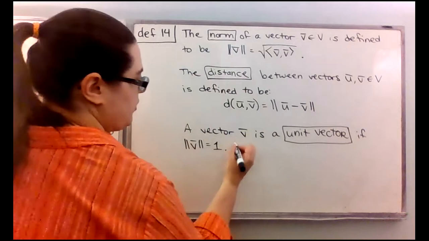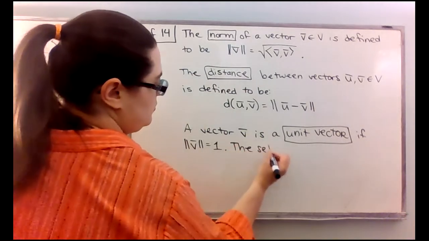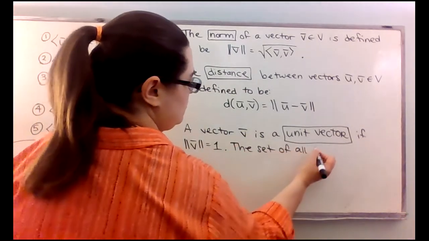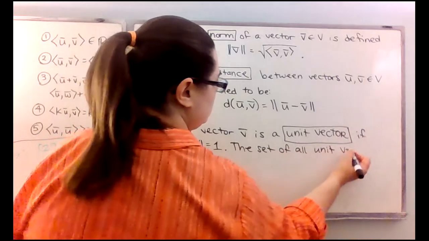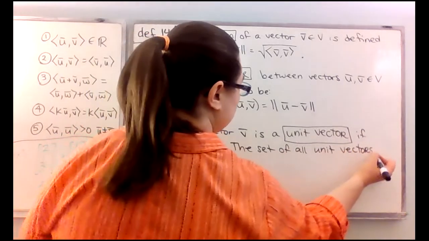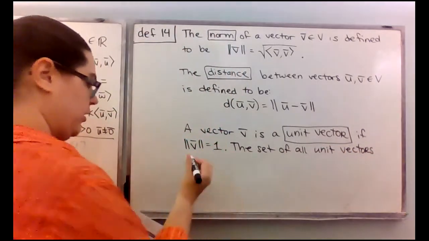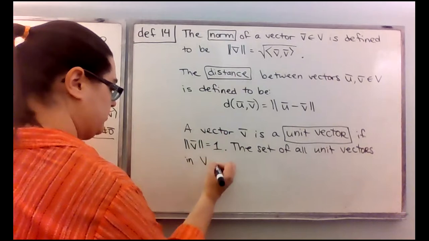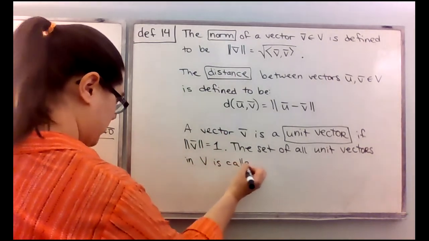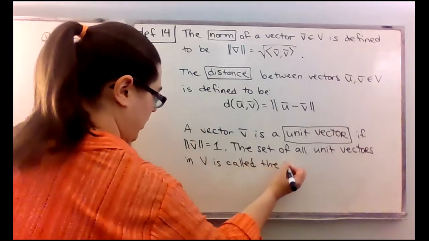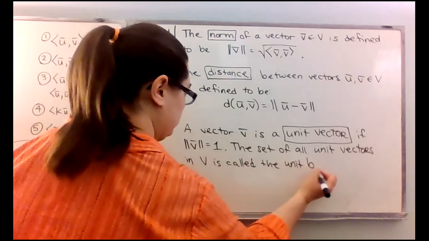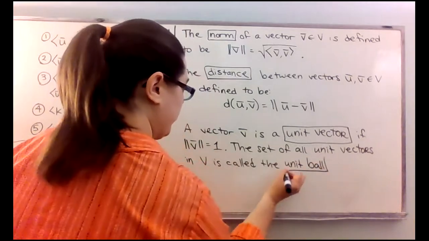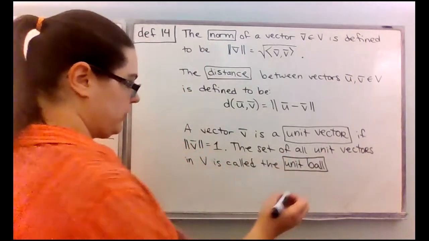The set of all unit vectors in our inner product space V is called the unit ball, or sometimes the unit sphere in V.